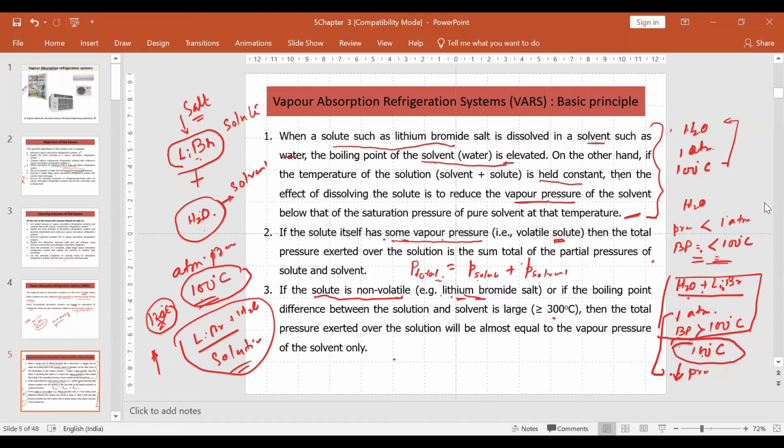If the solute is non-volatile, or if the boiling point difference between the solution and solvent is large, more than 300 degrees centigrade, then the total pressure exerted over the solution will be almost equal to the vapor pressure of the solvent only. So in this case, the total pressure will be the vapor pressure, or partial pressure, of the solvent, because the solute will not vaporize and exert no pressure. So this is the basic concept of the vapor absorption refrigeration system.